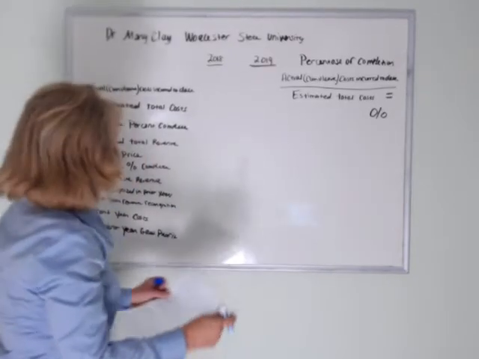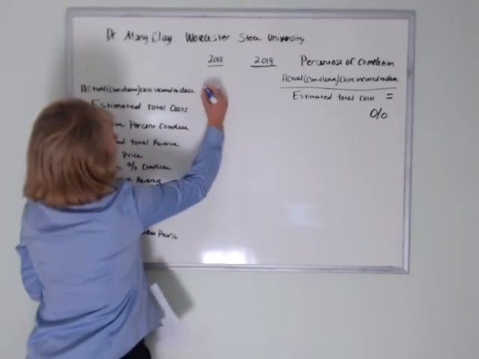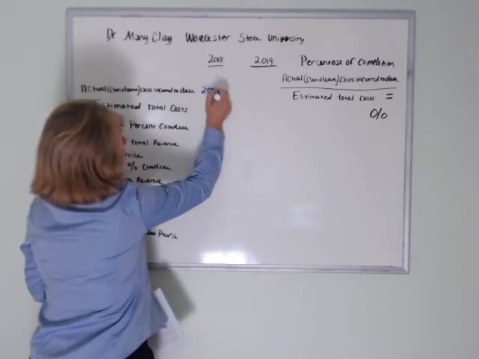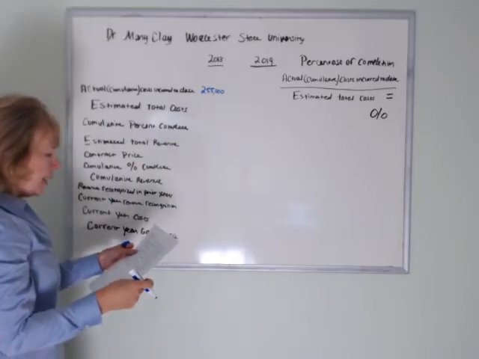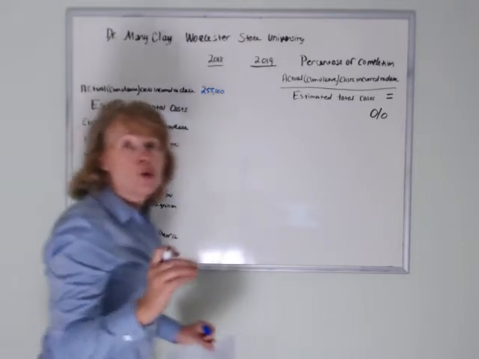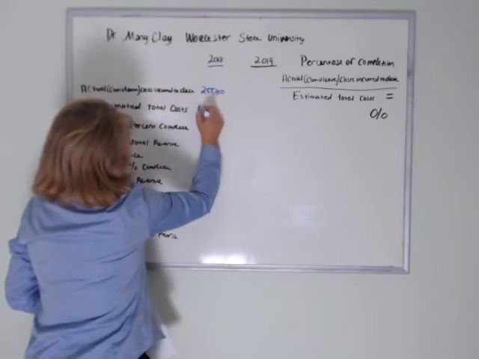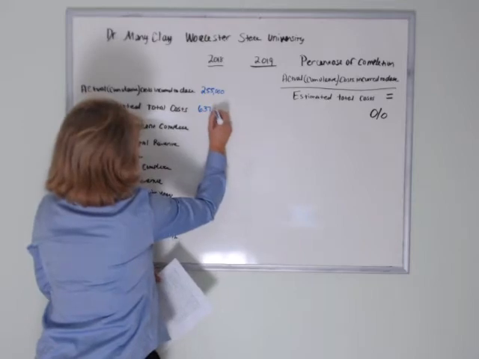All right, so now we're going to go back and just put it together. We have the actual cumulative costs are 255,000. Next we have the estimated total cost, 637,500.